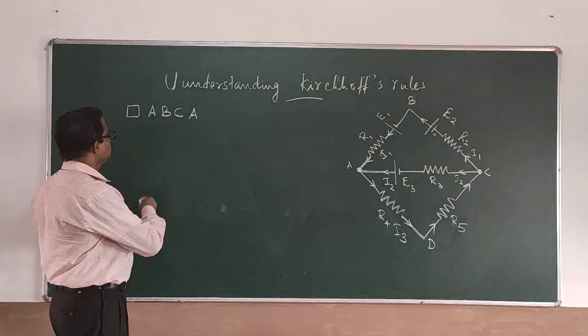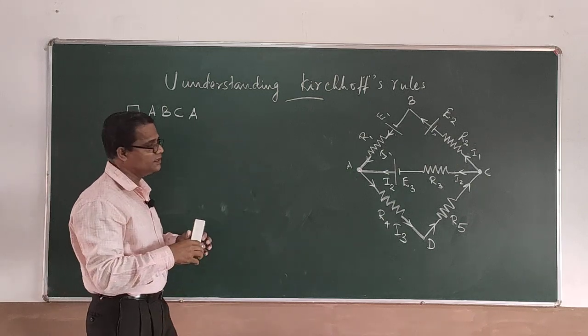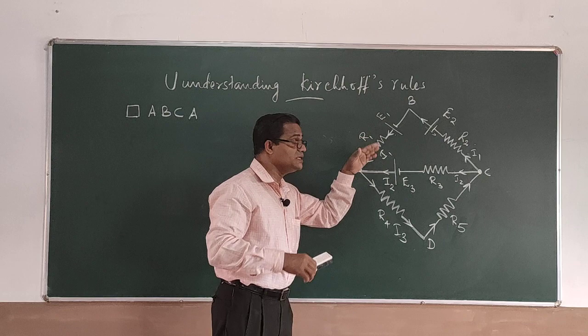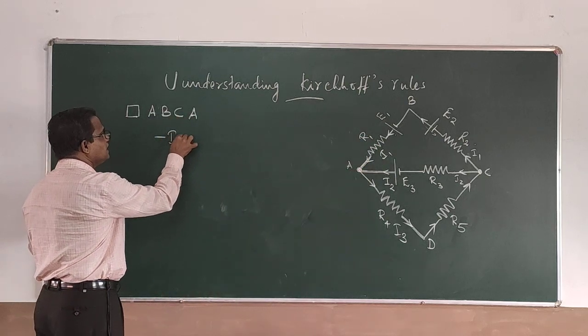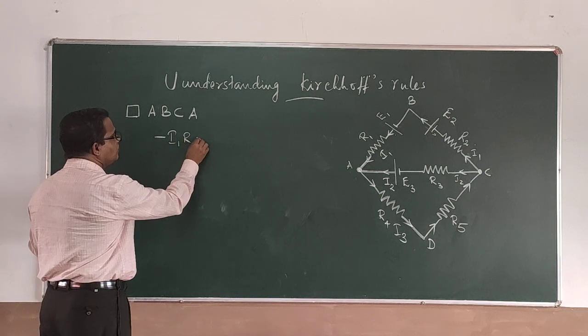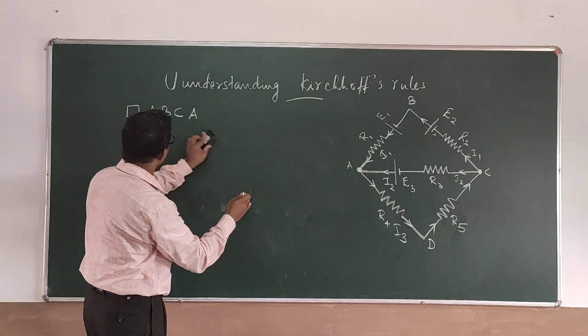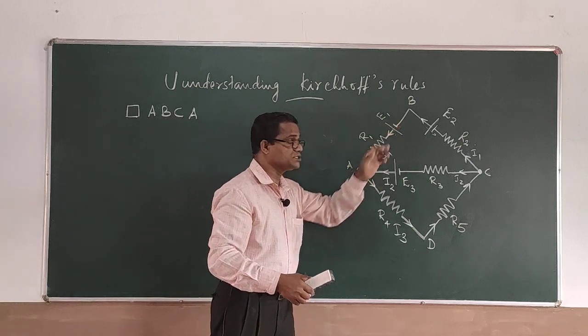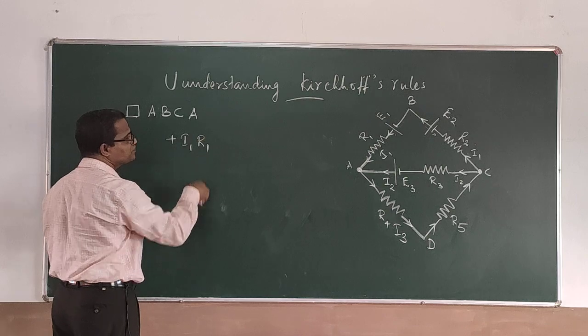Now start writing A, B, C, when I take the direction of flow of current in this way. A to B means against it. So again minus, sorry, one minute, against the direction of flow plus I1 R1.